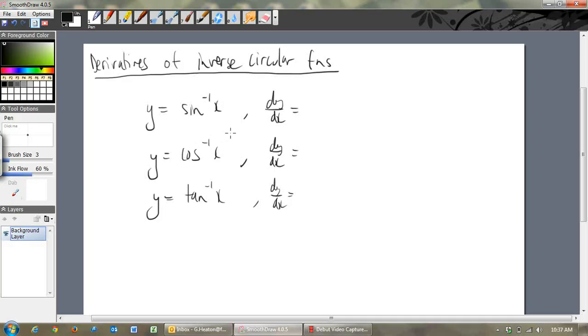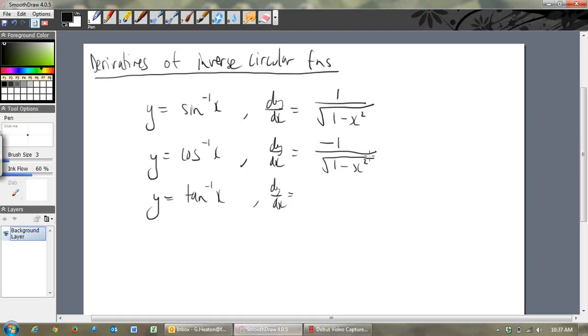I'll prove these in class, but I'll just tell them to you now. The derivative of sine negative 1 x is just this, 1 over the square root of 1 minus x squared. Cos negative 1 is very similar to that, and if you think about the graph you'll see why, but it's just the negative of that one.